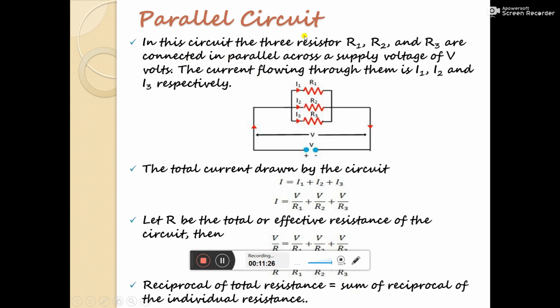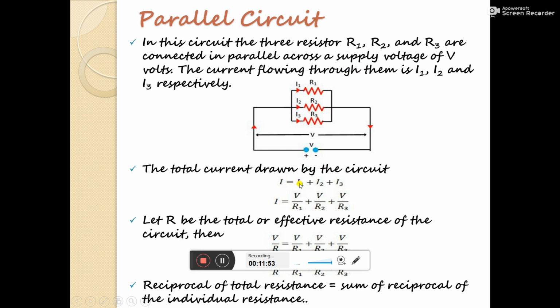Next we have the parallel circuit. In this circuit, the three resistors R1, R2, R3 are connected in parallel across the supply voltage of V volts. The current flowing through them is I1, I2 and I3. The total current drawn by the circuit is capital I is equal to I1 plus I2 plus I3.